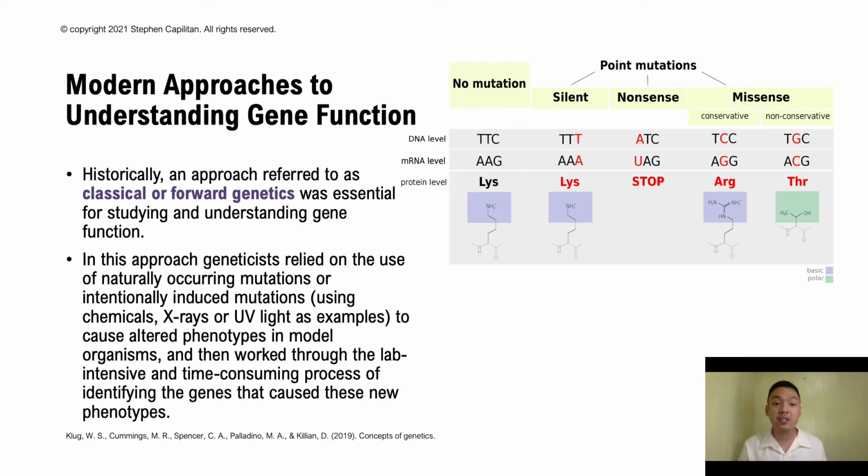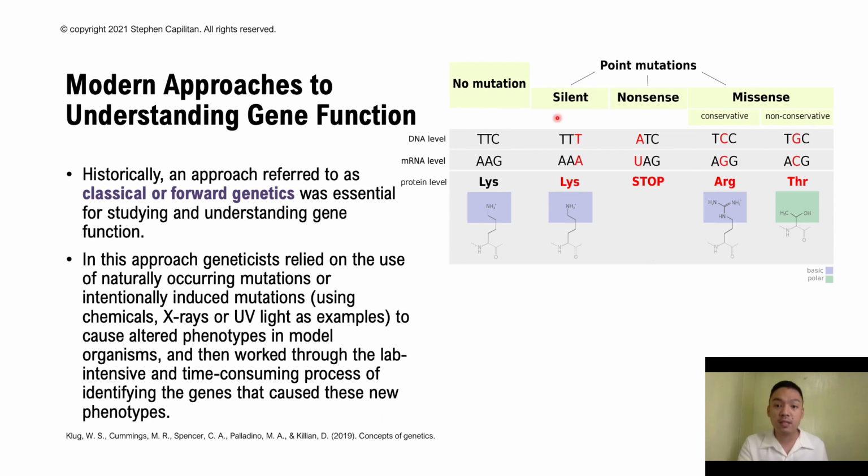Forward genetics methods begin with identifying the phenotype and finding or creating model organisms displaying the characteristic being studied. In this approach, geneticists relied on naturally occurring mutations or intentionally induced mutations using chemicals, X-rays, or UV light, which caused altered phenotypes in model organisms, working through the lab-intensive and time-consuming process of identifying the genes that caused these new phenotypes.